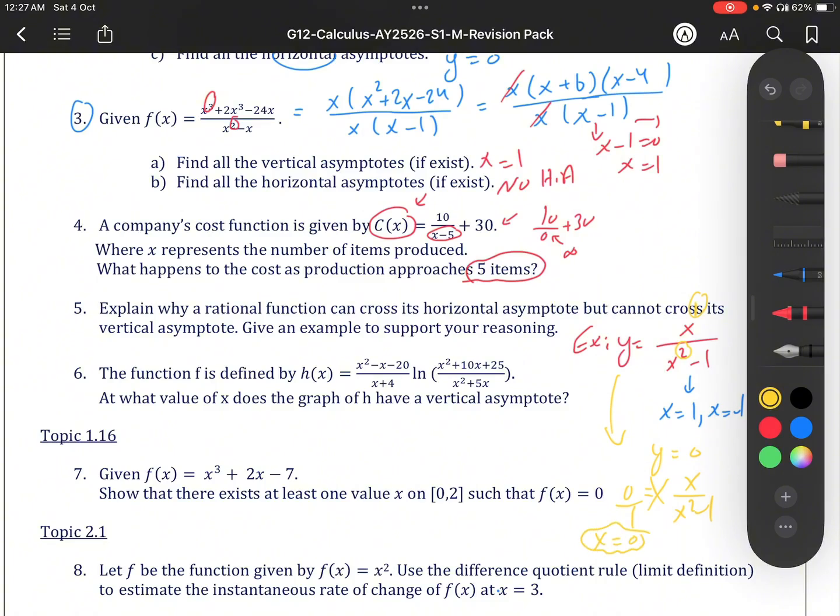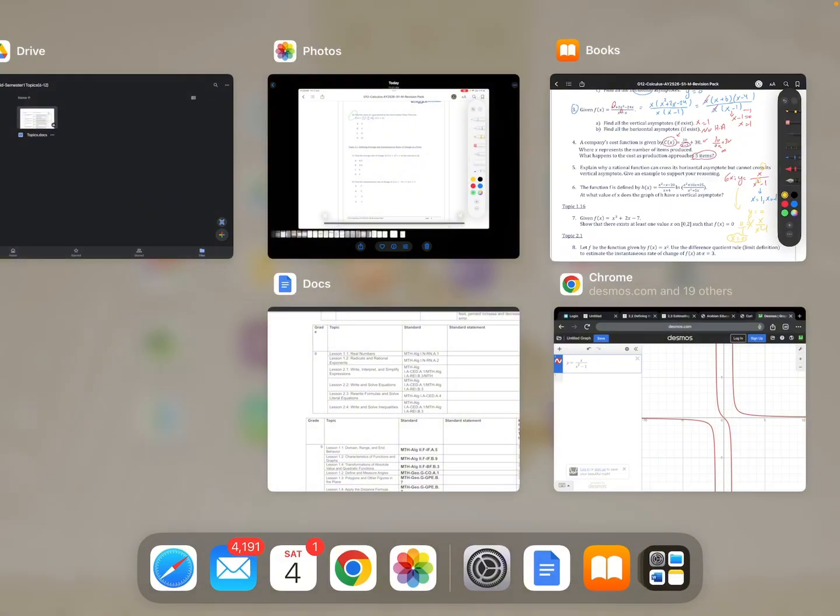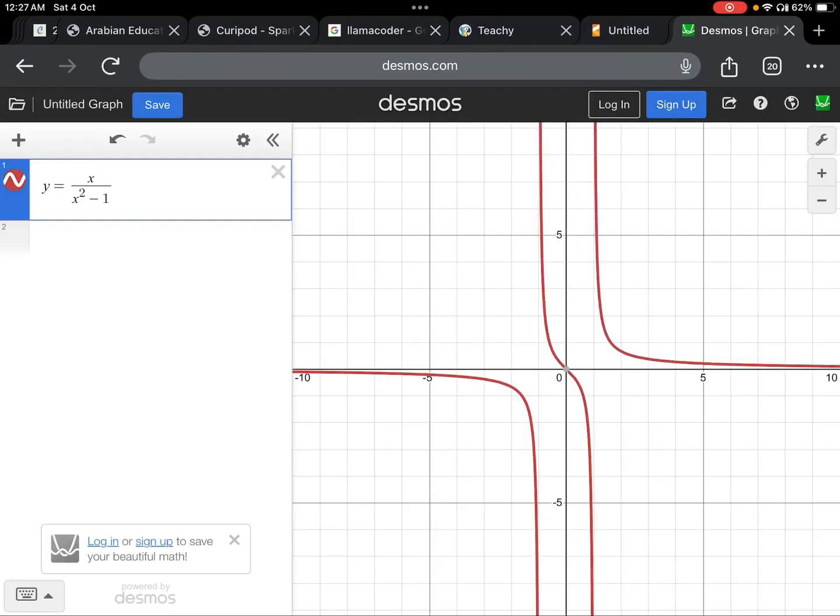So it is possible that the graph crosses the horizontal asymptote. Showing graphically, see the graph, the middle one, the red one, crossing the x-axis, which is the horizontal asymptote at 0, 0. So it is possible for the graph to cut the horizontal asymptote.